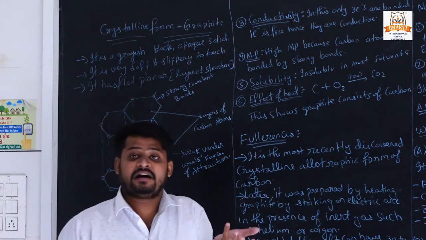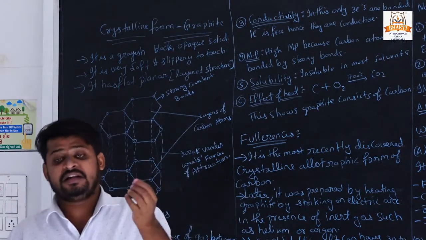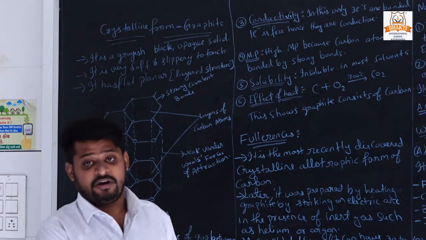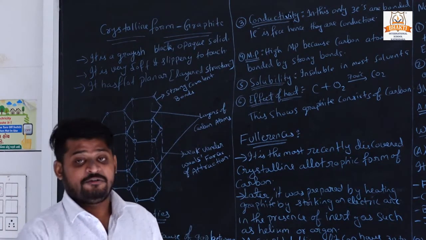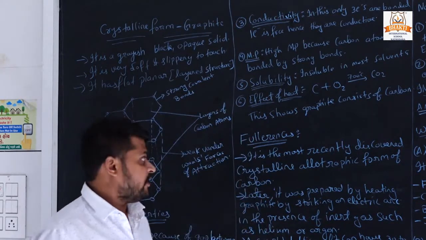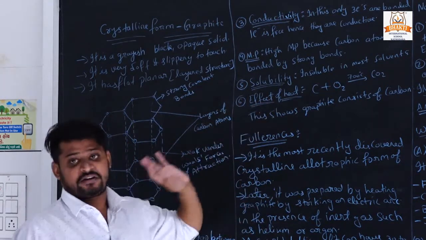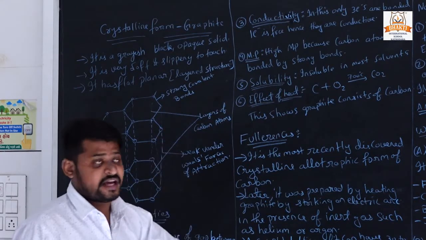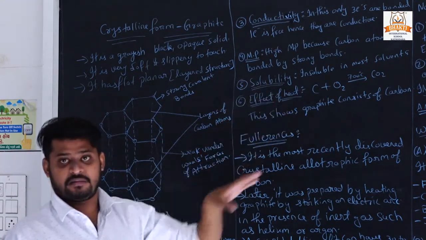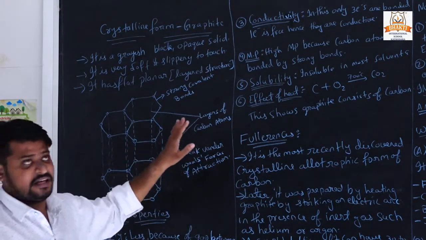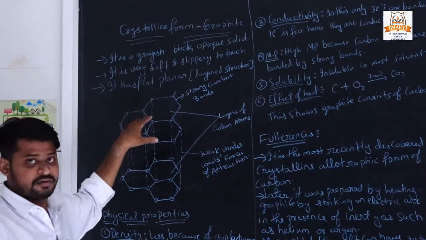When we heat graphite in the presence of oxygen at 700 degrees Celsius, we obtain carbon dioxide. From that it is concluded that carbon is present in graphite. So this was the effect of heat. So these are the properties and structure of graphite.